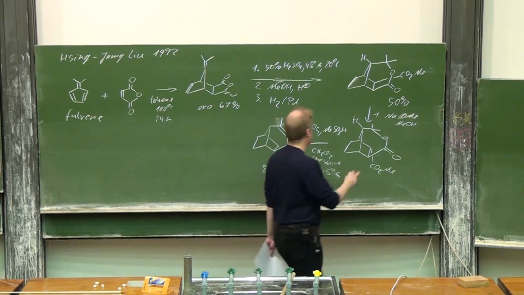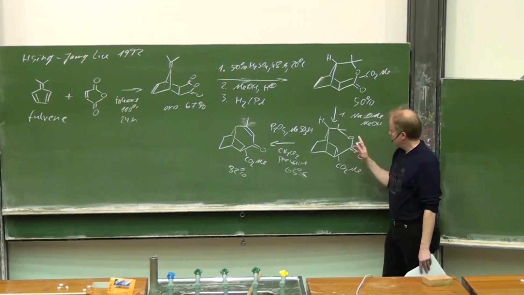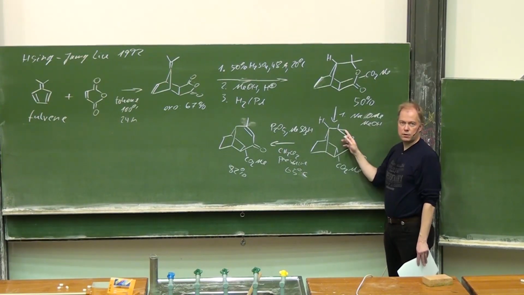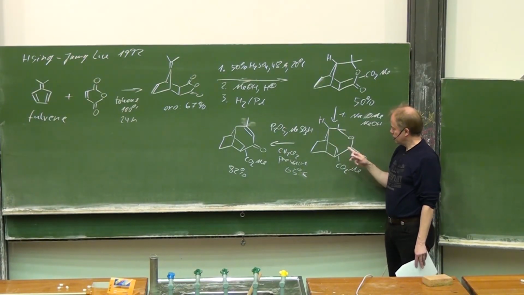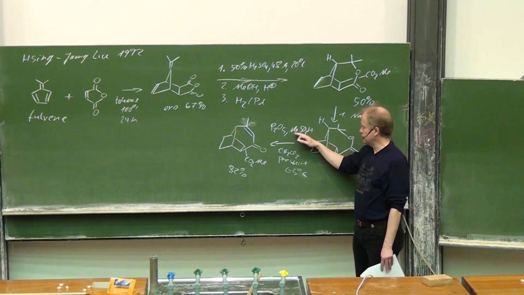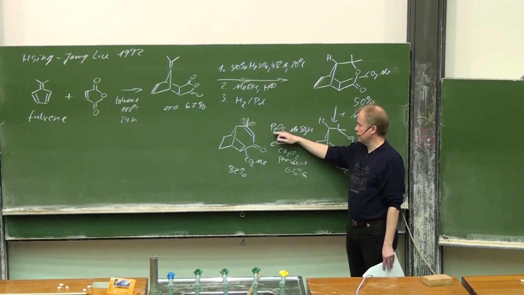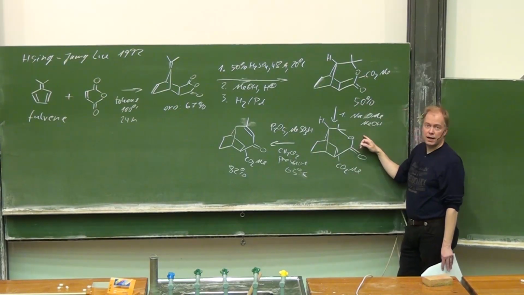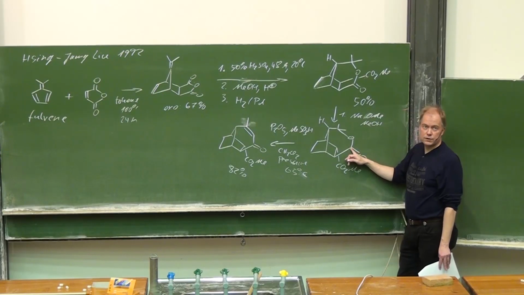So, if you eliminate here, you have the olefin. Okay? And then, under these conditions, highly acidic with phosphorus pentoxide, you will get an anhydride there with this carbonyl group as highly electrophilic.